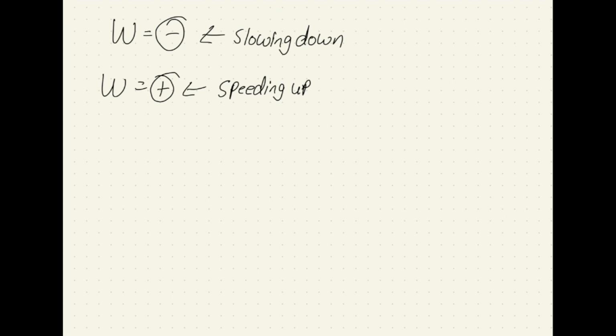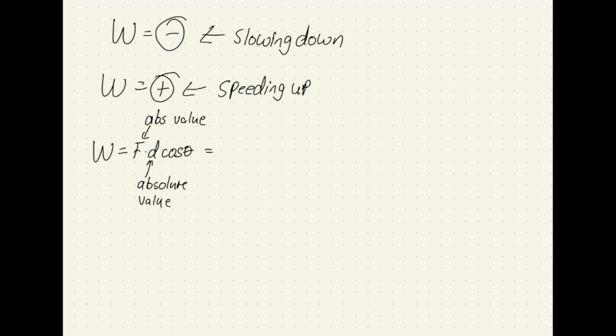The other thing I want to say is that when we use this equation, work is equal to F times D times cosine theta, this F here is a magnitude, or another way of saying that is an absolute value. Same thing for the displacement. This is the absolute value of the displacement.